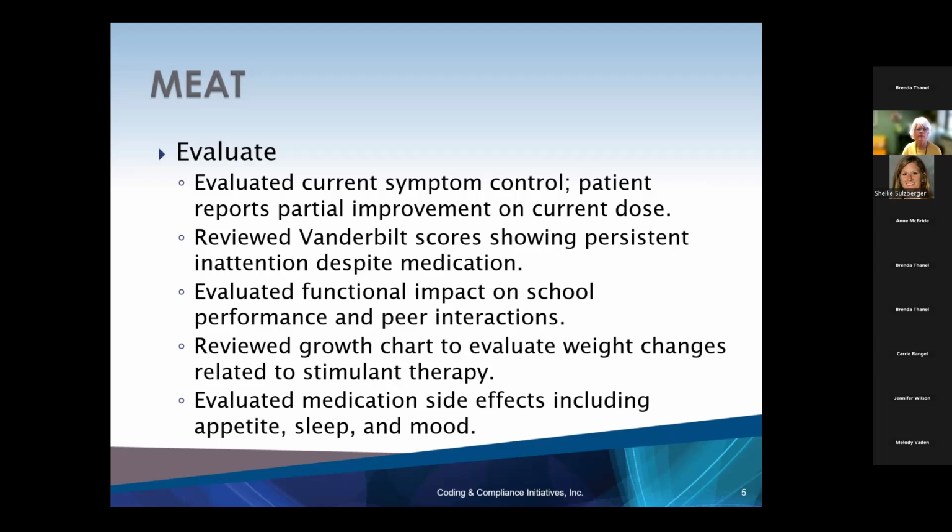So really, when we're thinking about evaluation, it's really interpreting the findings, not just listing them.